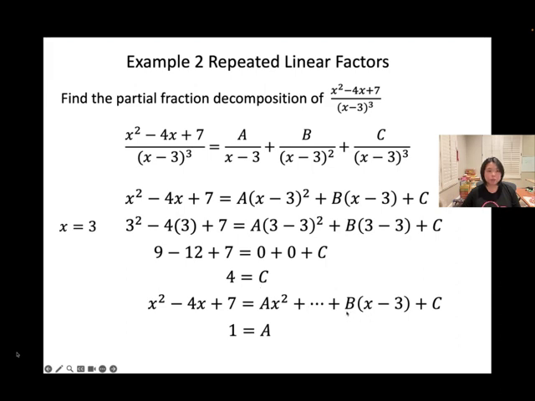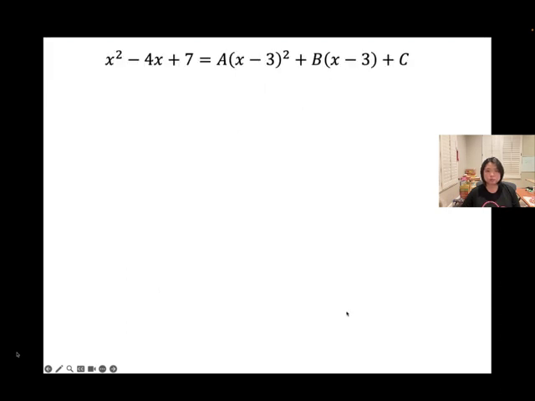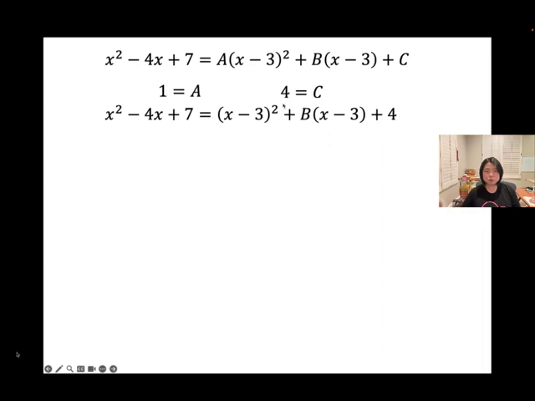Now I need to find the B here. So let's plug it in first. A equal to 1 and then C equal to 4. Now I'm gonna plug in one more value to find out the B here. I can't plug in x equal to 3, right? This is what we're looking for. So I may plug in x equal to 2.